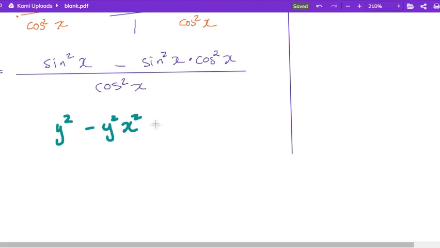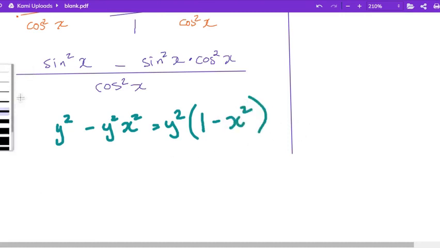Each term has a y squared. Okay, do we see this? Who sees this? And can you see how we can now use that in the numerator?